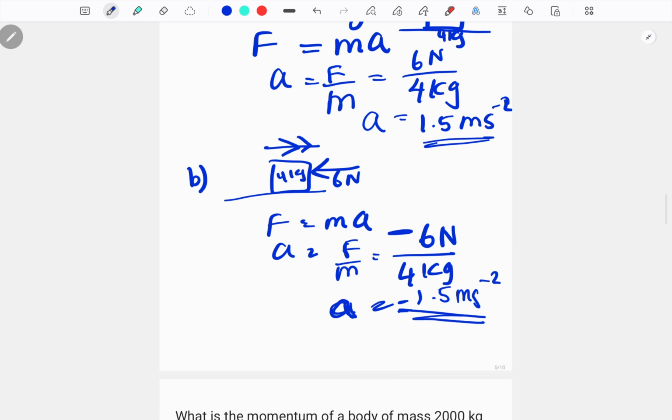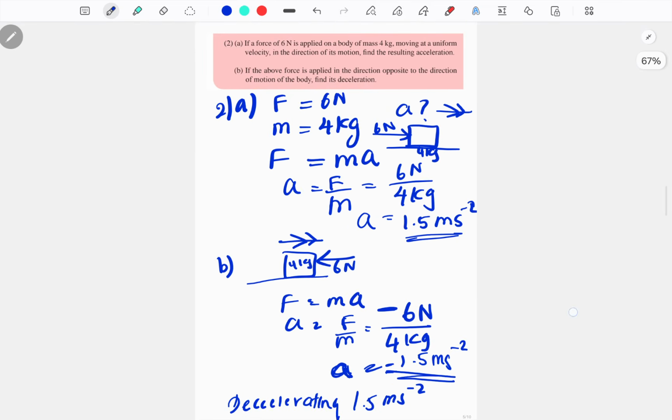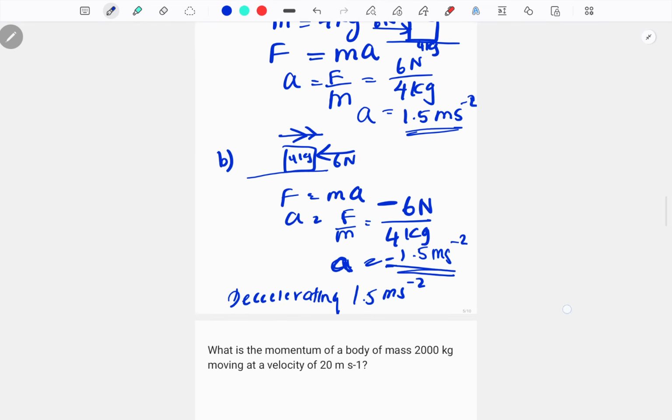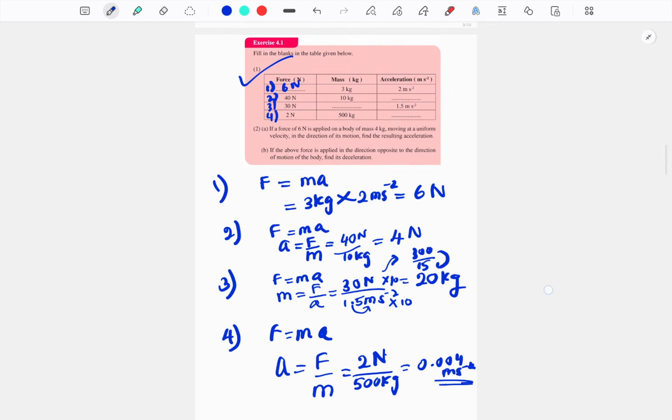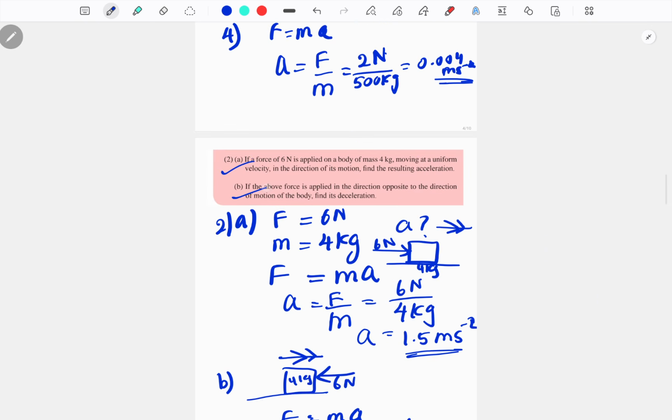So no need to calculate this, but you can directly tell it is decelerating with 1.5 meters per square second. That's what happening. Acceleration negative is deceleration. It's also discussed in the previous physics unit, which is the second unit of grade 10, right? These two also completed. Okay.